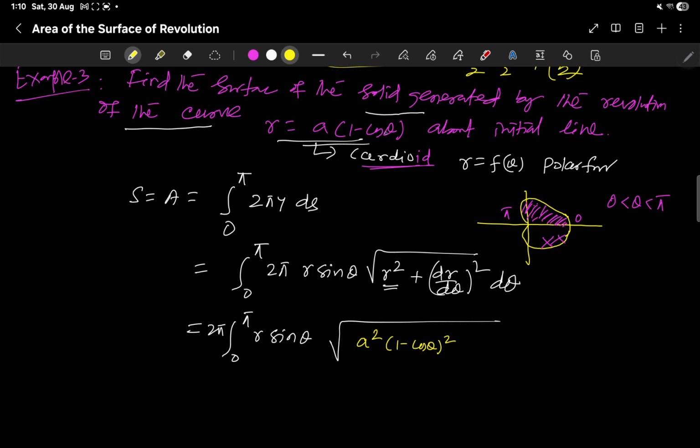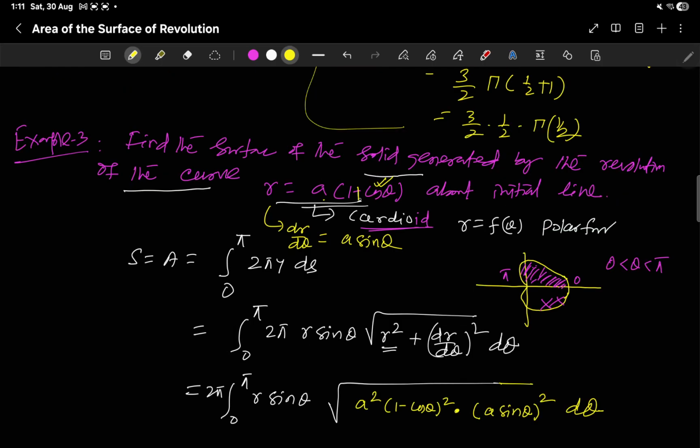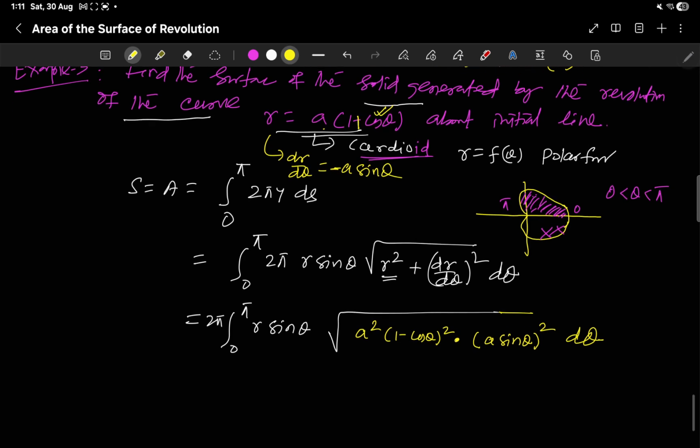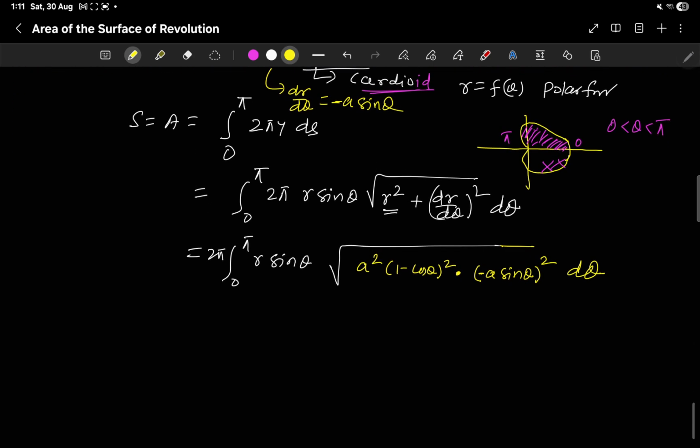Then dr by d theta: the derivative of cos theta is minus sin theta, so it is a sin theta, whole squared. It is actually plus given, okay, so it is minus. Again the square of this will give you the same thing here.